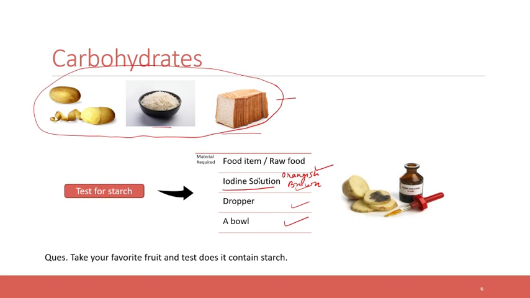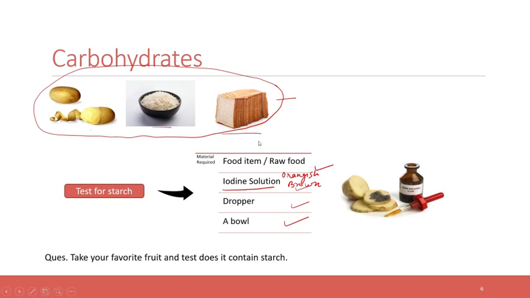Now, we'll take a slice of potato and place it in the bowl, and then we'll fill the dropper with some iodine solution and pour 2-3 drops of it on the potato.